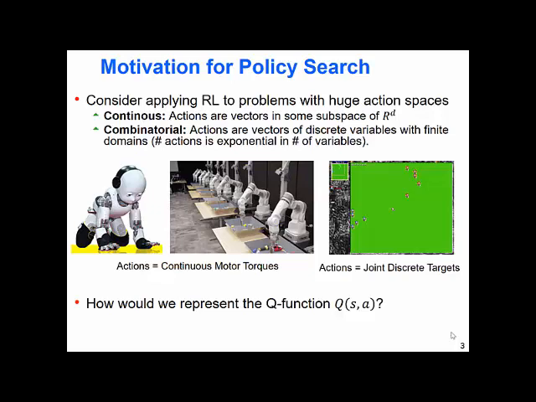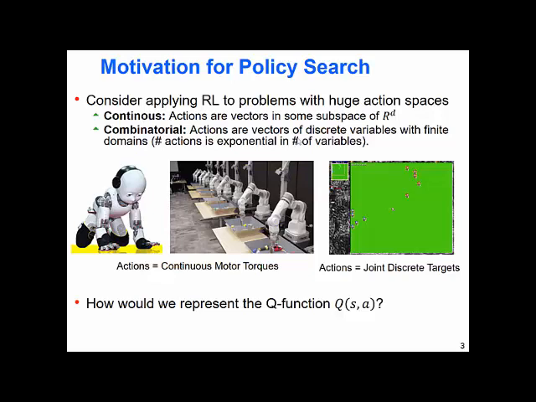So how would you learn a value function or a policy for that, or represent one? And likewise, there are also combinatorial action spaces where, think of it as you have a whole panel of buttons, and you can press subsets of the buttons at any time as your control actions. There are lots of domains like this as well.